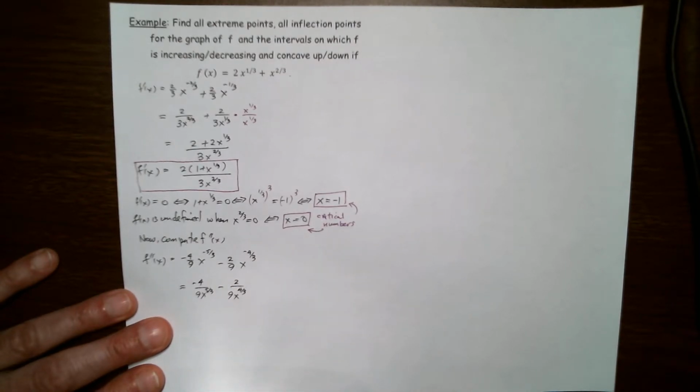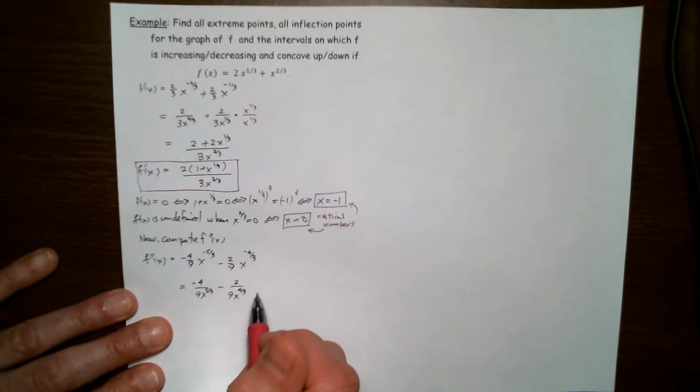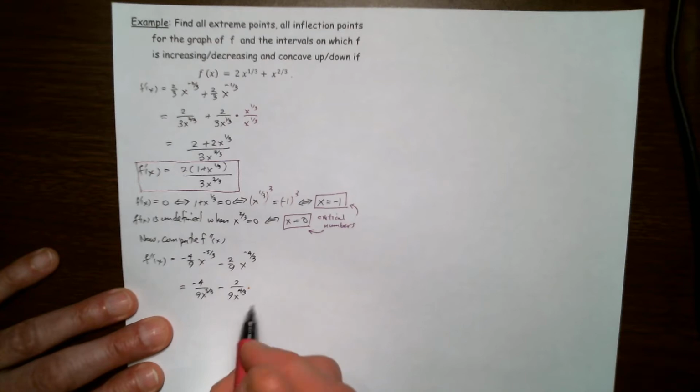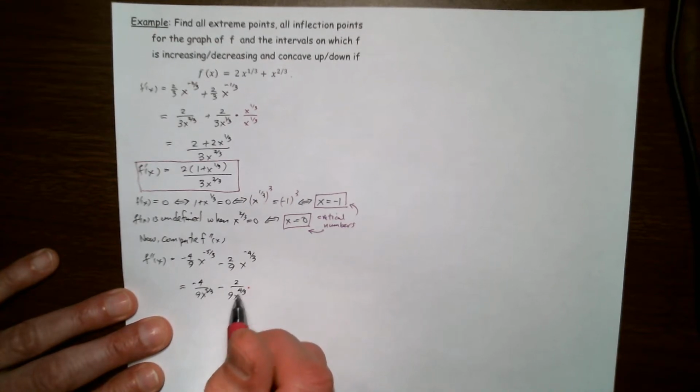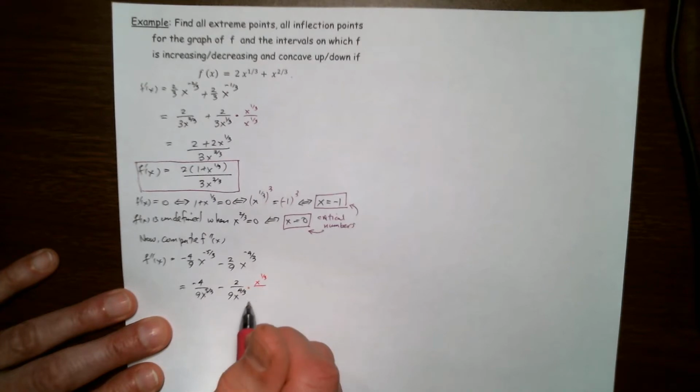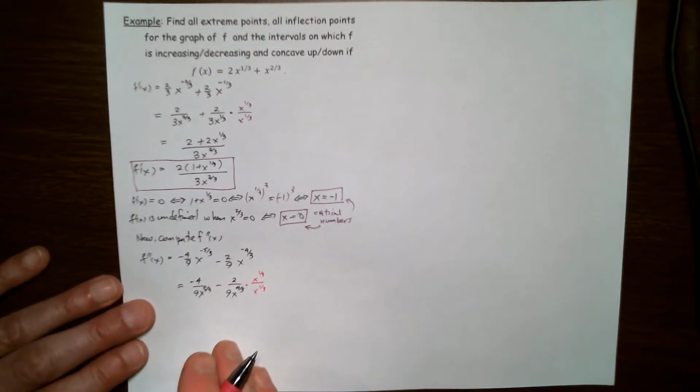So just like in our form for f prime, we'd like to rewrite it as a single fractional expression. And so again, we'll need a common denominator, which in this case is going to be 9x to the 5/3. So this second ratio needs to be multiplied by x to the 1/3 divided by x to the 1/3.